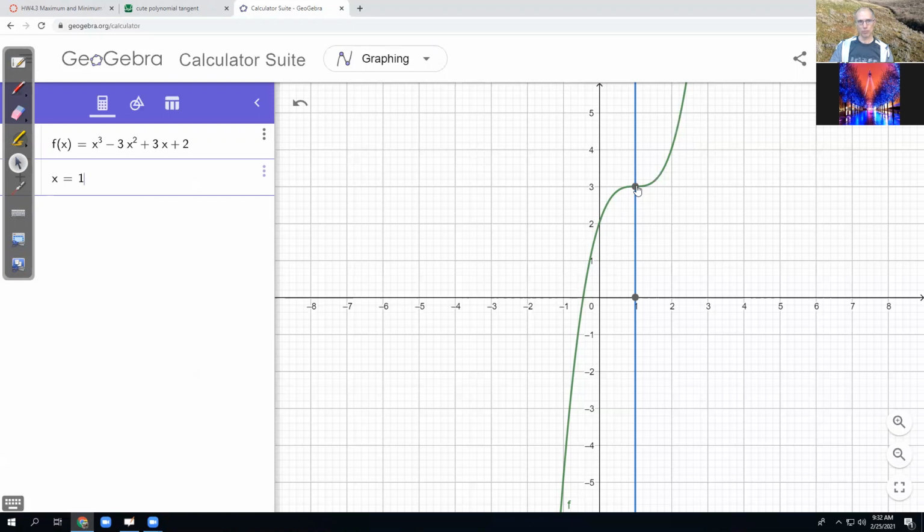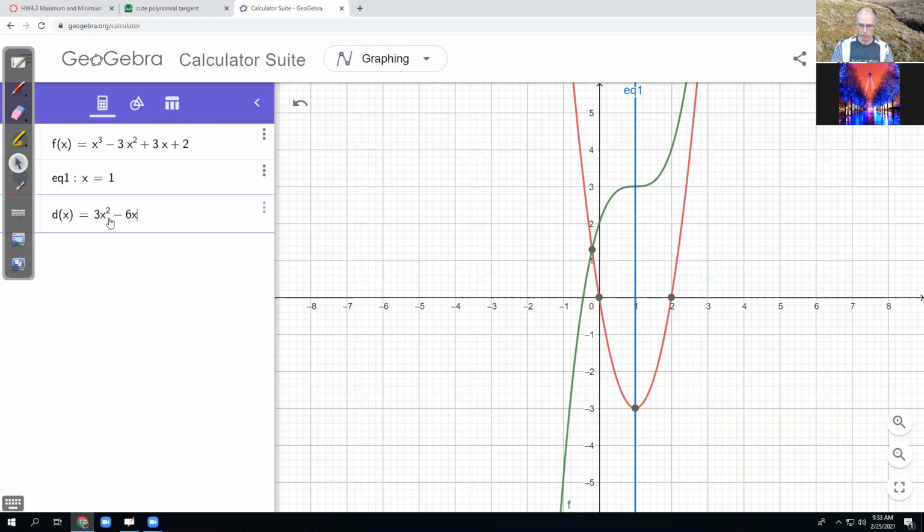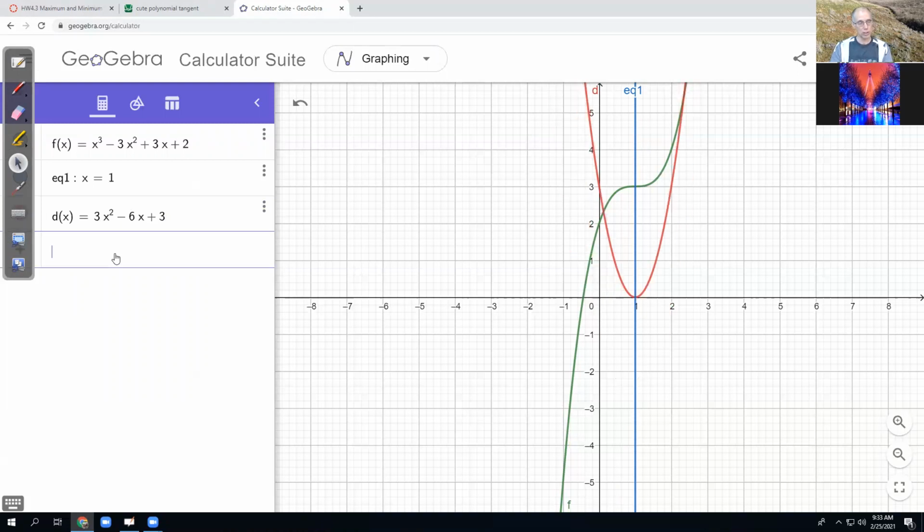Right in the middle, we have a 0 slope. And we can double check that by putting in our derivative function, 3x squared minus 6x plus 3. And we already know, at least we believe from the work we did a minute ago, that if we plug in 1 there, we get a 0 slope.